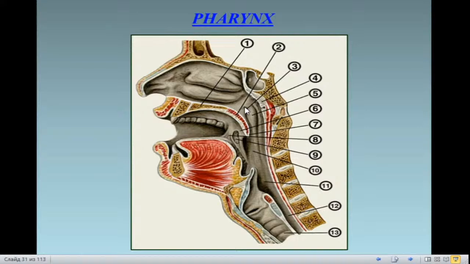Sometimes when you are swimming, you can feel suffocation when water comes from the nose to the nasopharynx. That's a very unpleasant feeling, but it shows the connection of these structures. The oropharynx communicates with the oral cavity by means of the isthmus faucium.